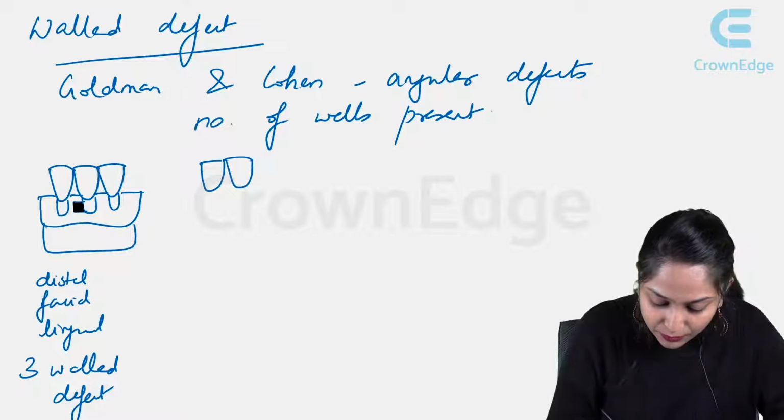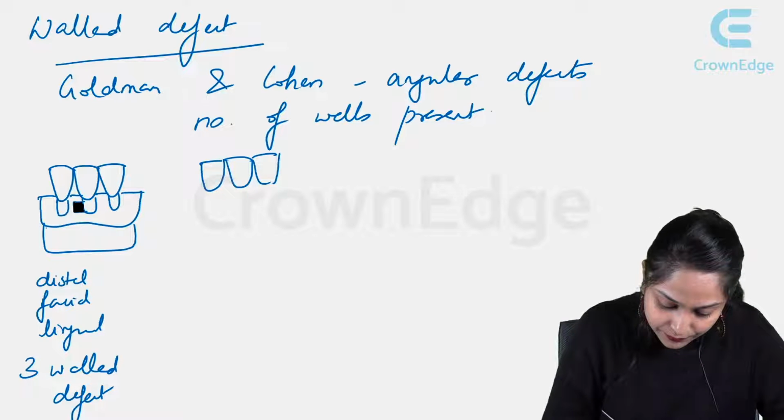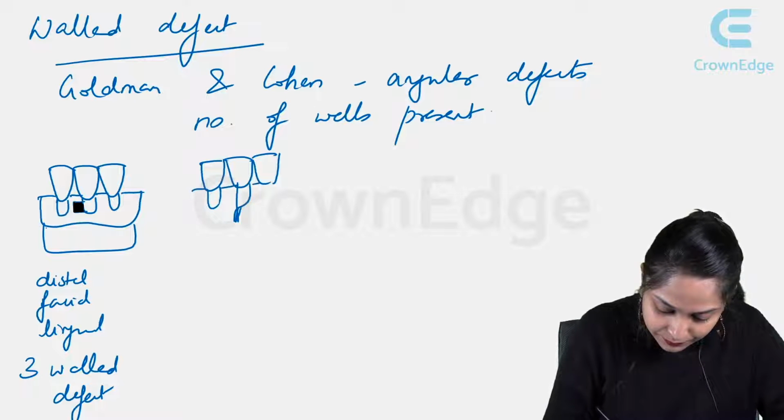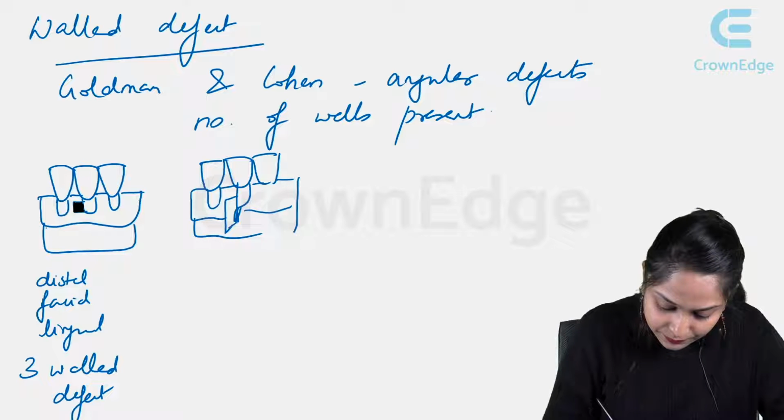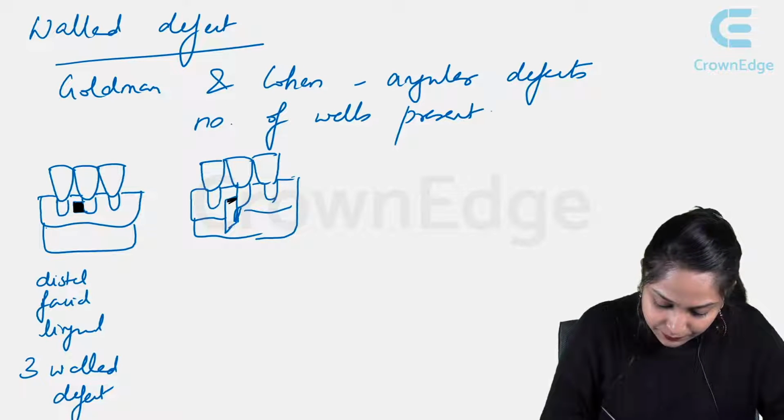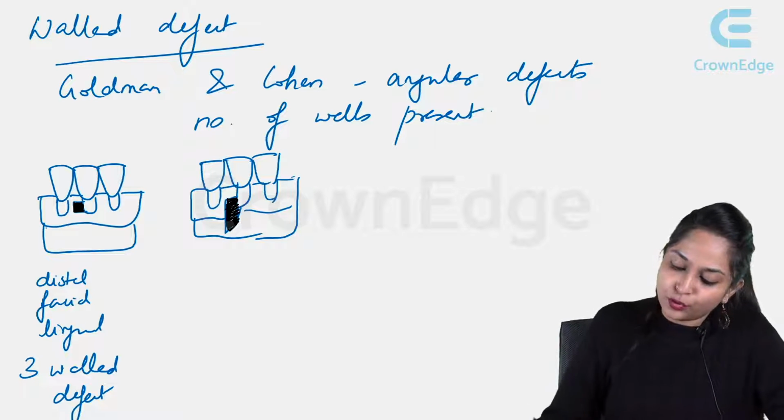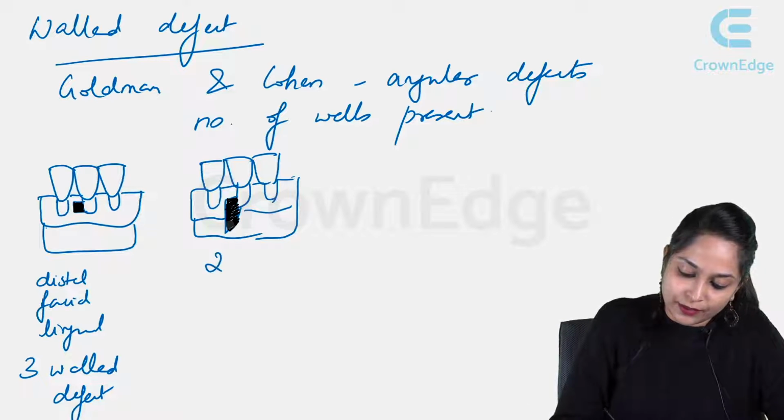Coming to the 2-wall defect. Now how does that look? Now that's a 2-wall defect, right?